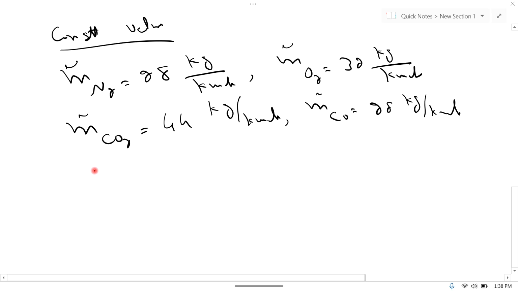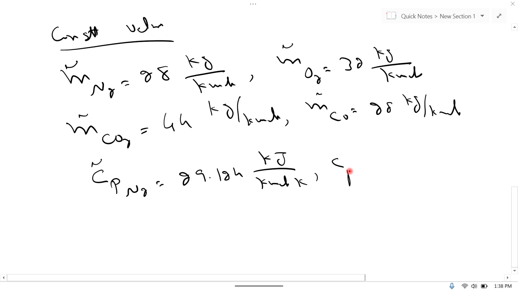Similarly, molar specific heat at constant pressure, Cp dash, for nitrogen is equal to 29.124 kilojoule per kilomole per Kelvin; you can write this as joule per mole, both are correct. Cp dash for oxygen is equal to 29.37 kilojoule per kilomole per Kelvin.